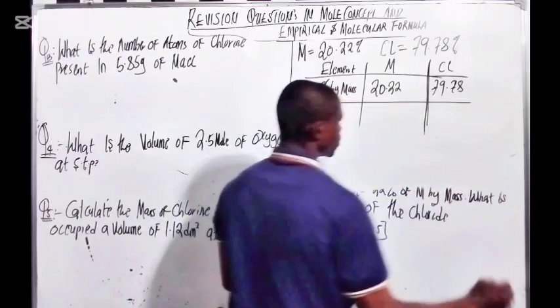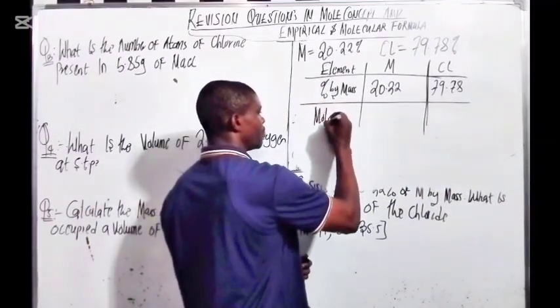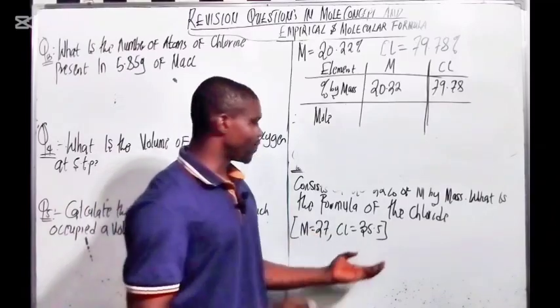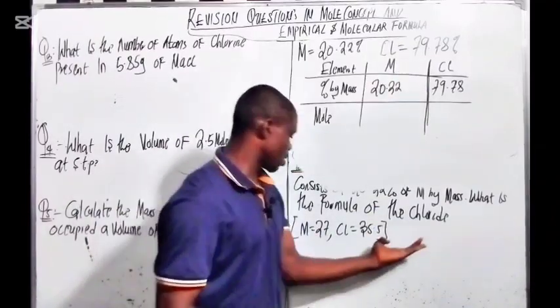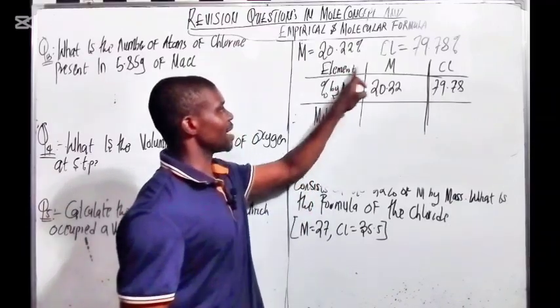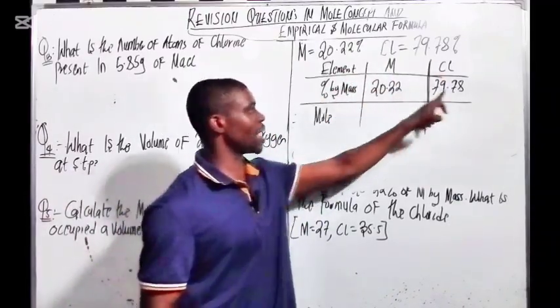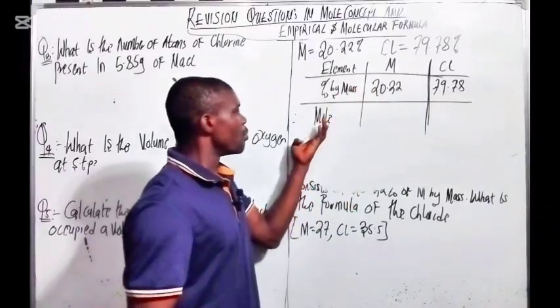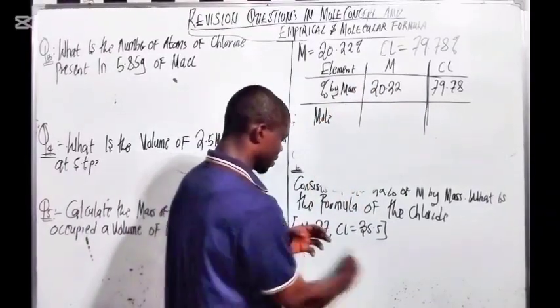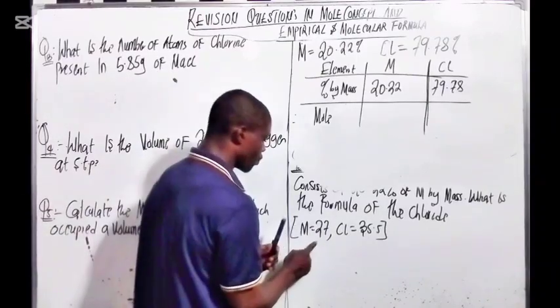The next thing you want to do here is to calculate the mole. Do you understand? How do you calculate the mole here? Please pay attention. You divide the percent by mass by the atomic mass, because the elements are M and chlorine. So the atomic mass of M is 27.